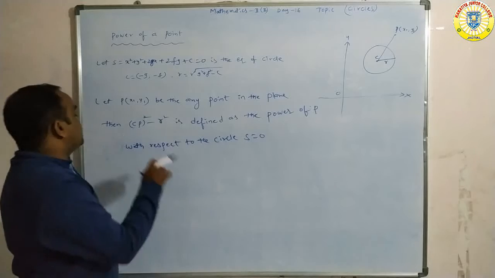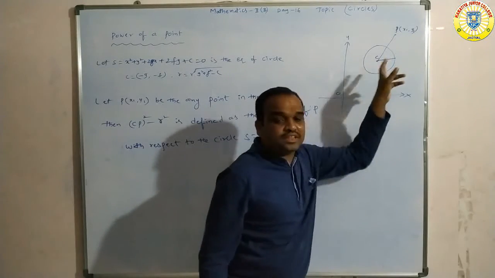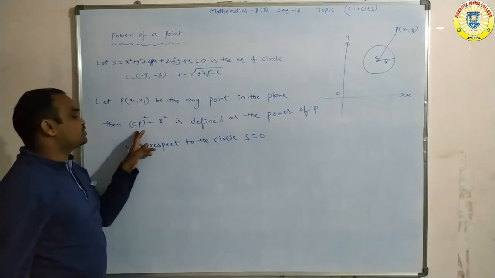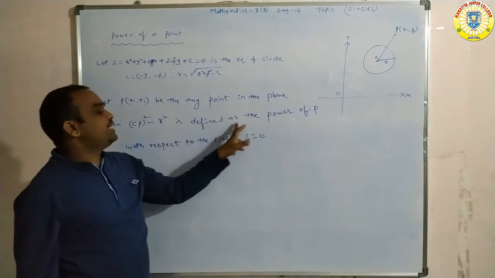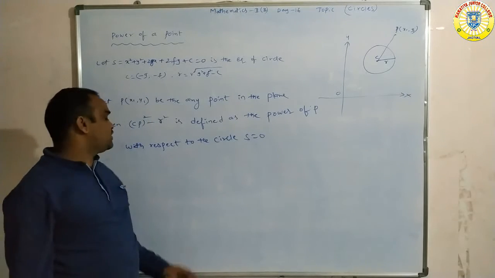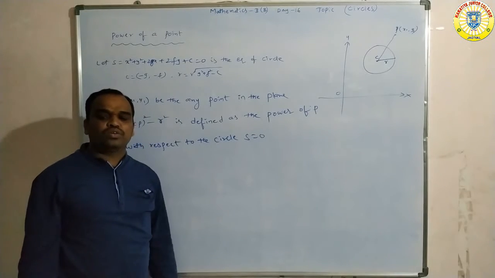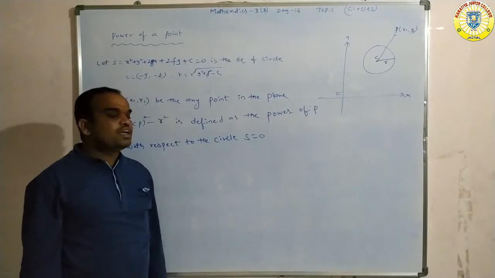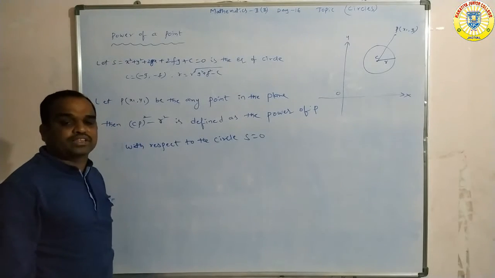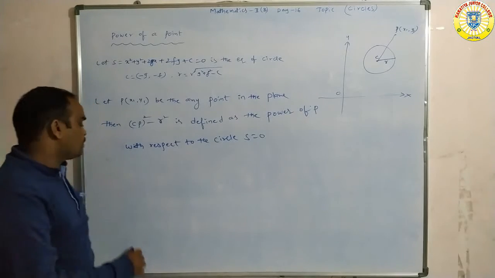Then CP square minus r square, with CP the distance from the center to the point P, is defined as the power of P with respect to the circle S equal to 0. Okay?